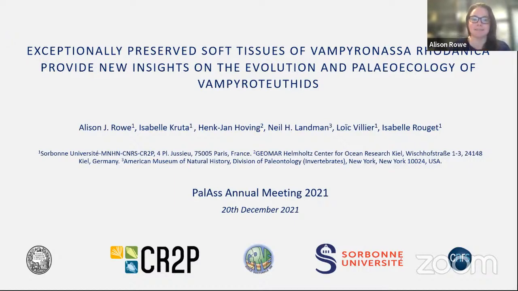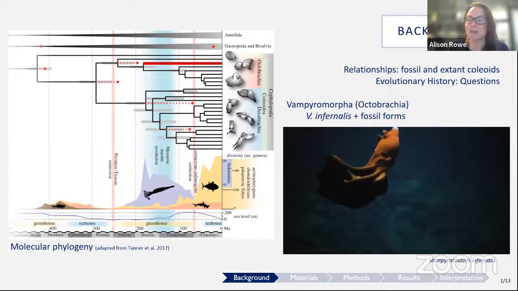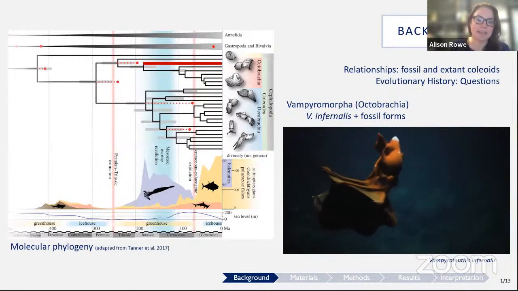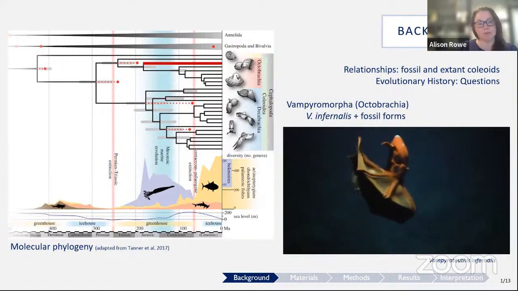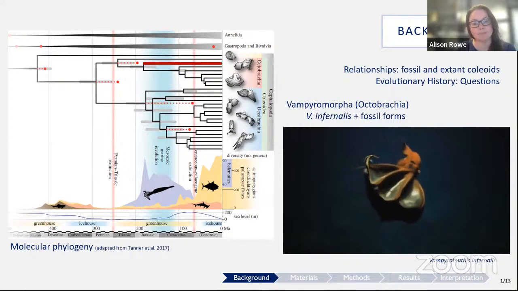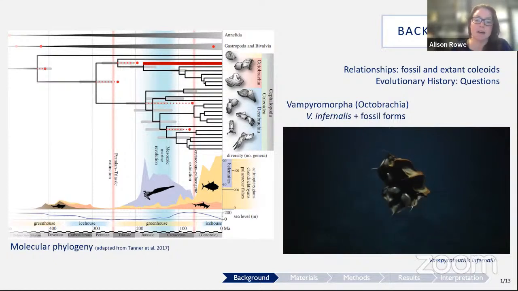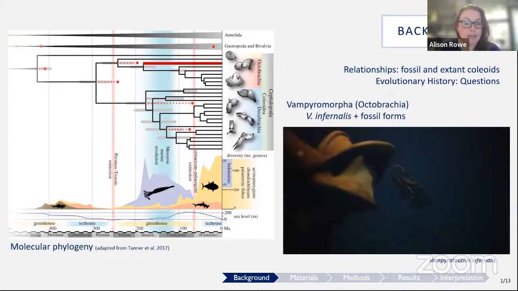Bear with me. Okay. So the overarching questions in my PhD all deal with better understanding the relationships between fossil and extant coleoids. As you can see, coleoids originate in the late Paleozoic.